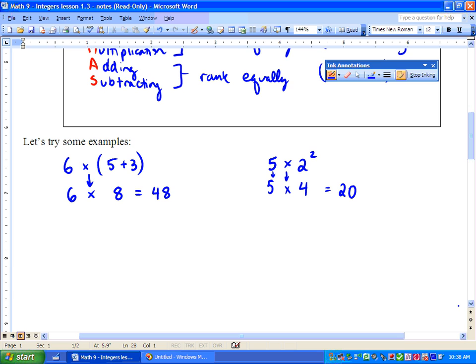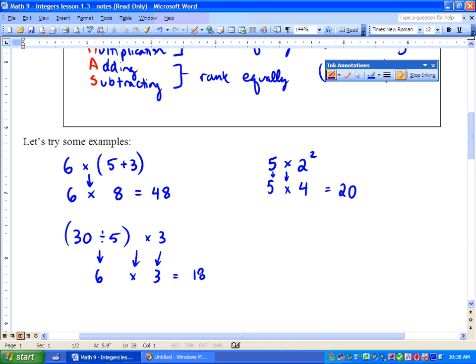All right, we have a couple more examples here. Well, we have 30 divided by 5, all in brackets, times 3. Well, we do our brackets first. 30 divided by 5 is 6. And then we multiply by 3, and we get 18.